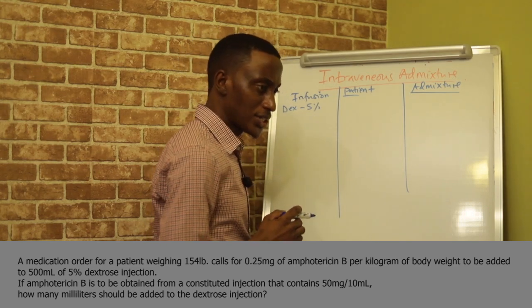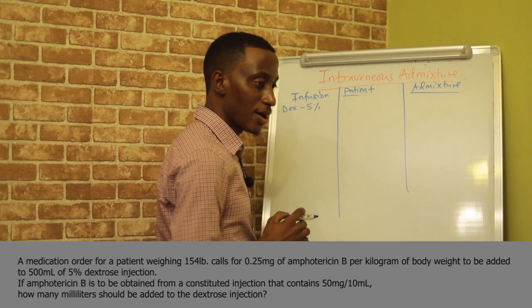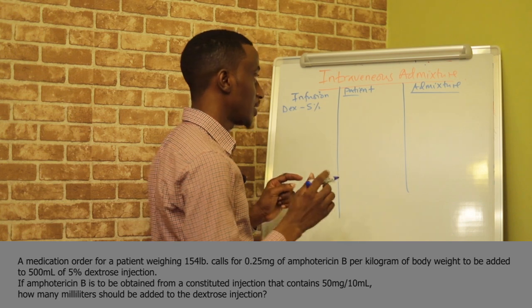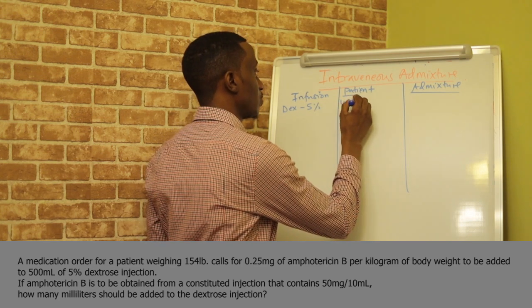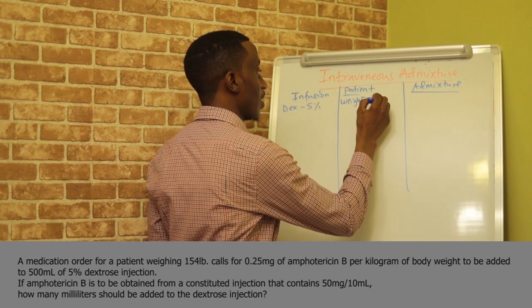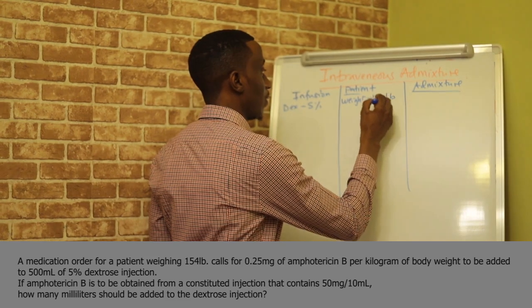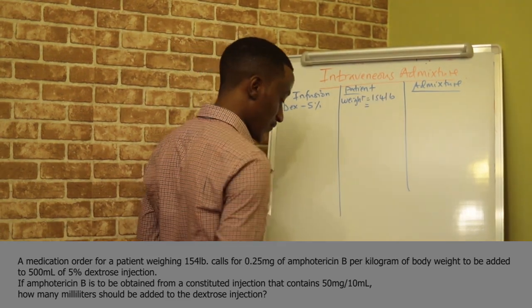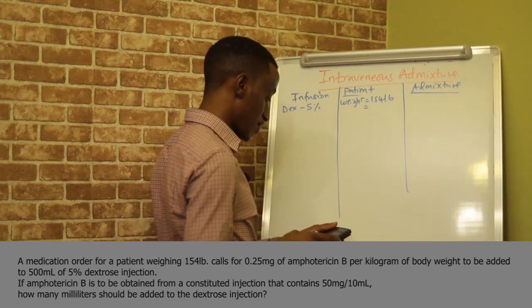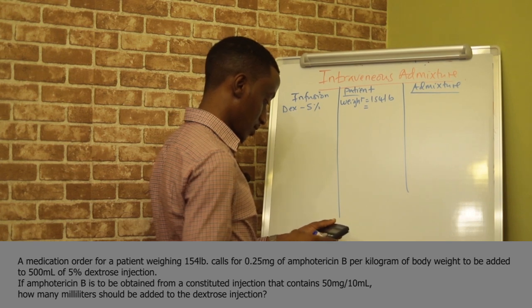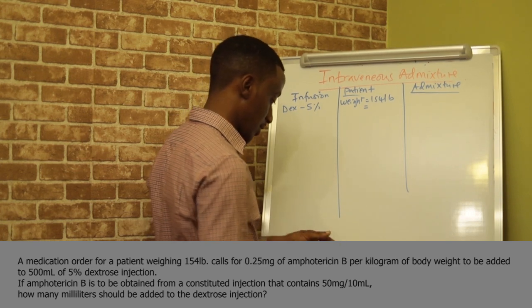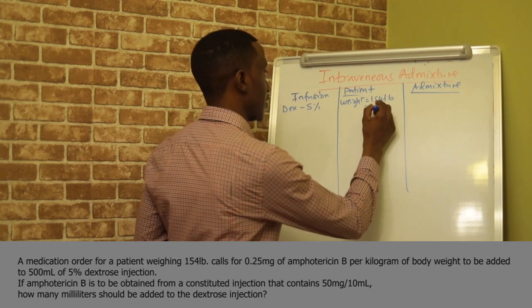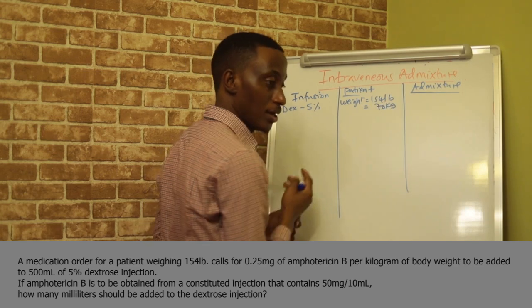Okay, so a medication order for a patient weighing, so patient weight is equivalent to 154 lb. When you change into kilograms, you divide by 2.2, that is probably 70. That is 70 kg for a patient.